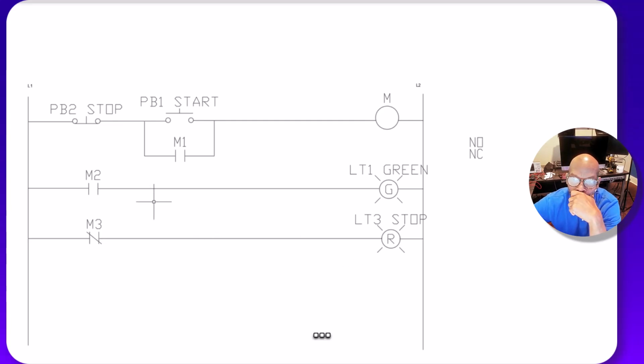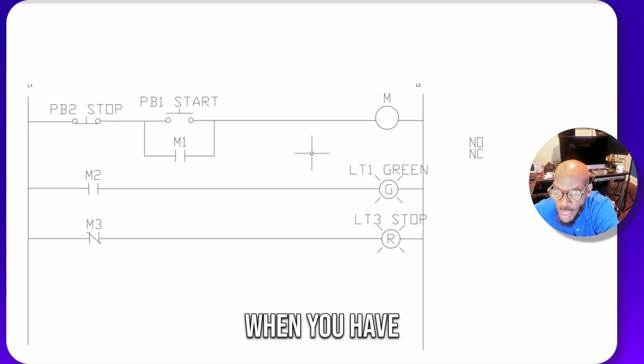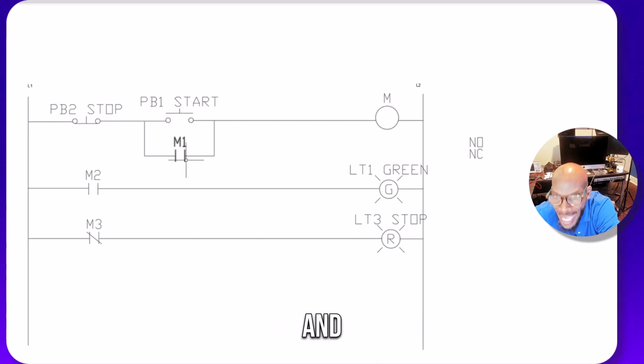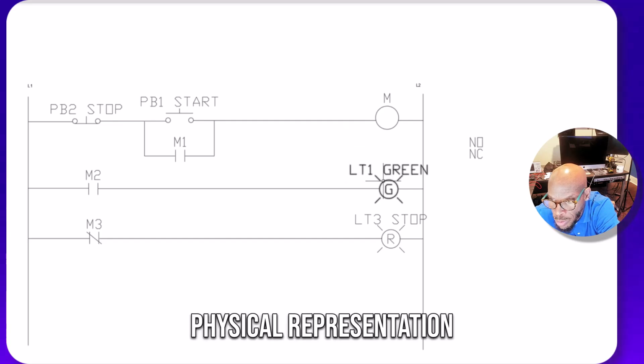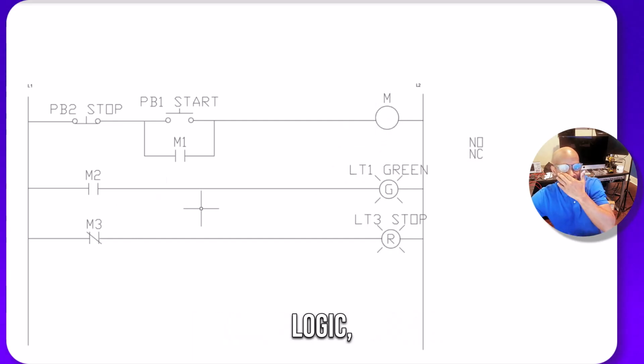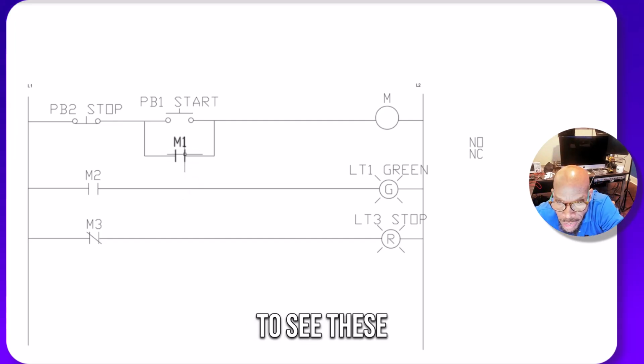So remember, when you have control circuits, you show physical representations of the switches and you show contacts of them. In ladder logic, you're just going to see contacts like these.